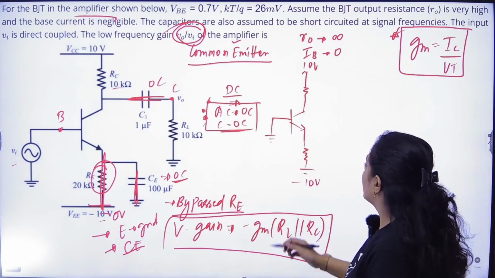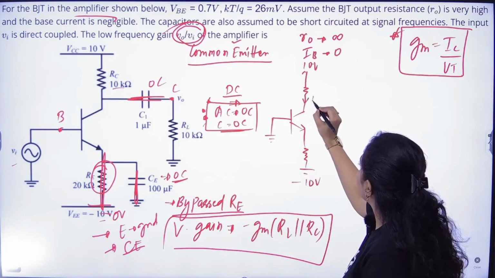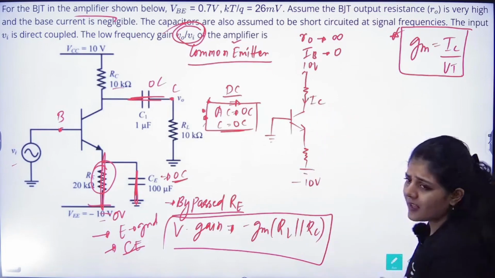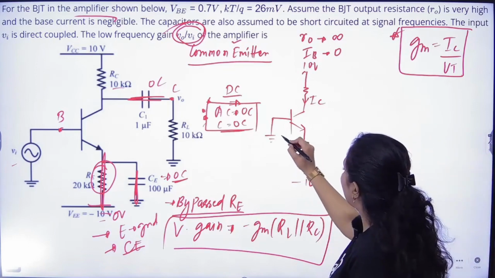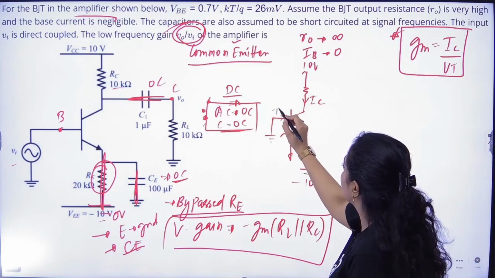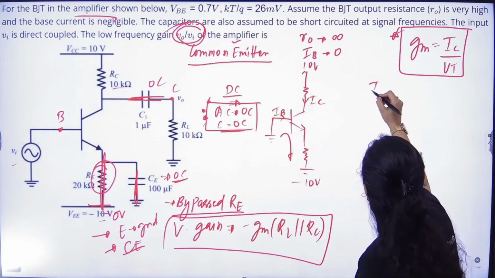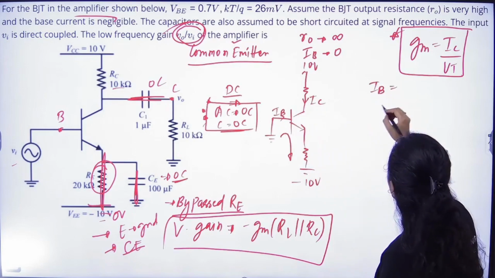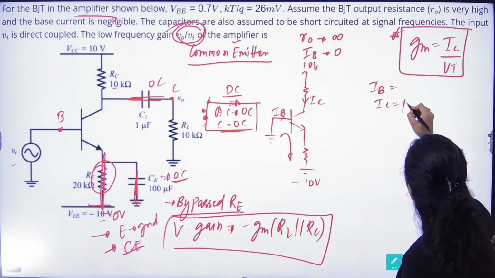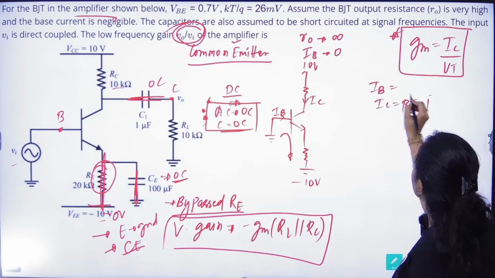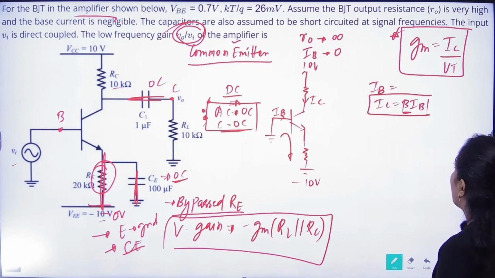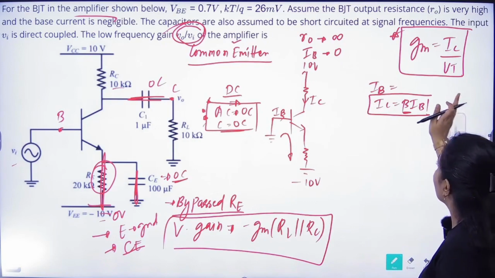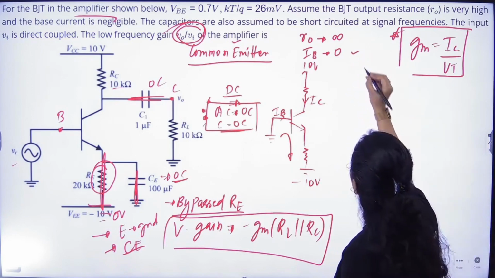Right, now you have to find this current IC. There are 2 or 3 ways to find the IC. First way, we have to find this IB current. If we find the value of IB, IC is always equal to beta IB. But there is no information about beta, the current gain, given to us. Now in this particular case, the information given to us is that IB is equal to 0.